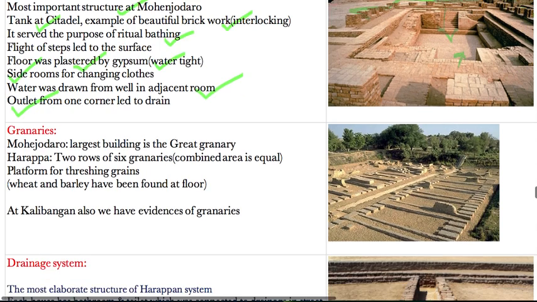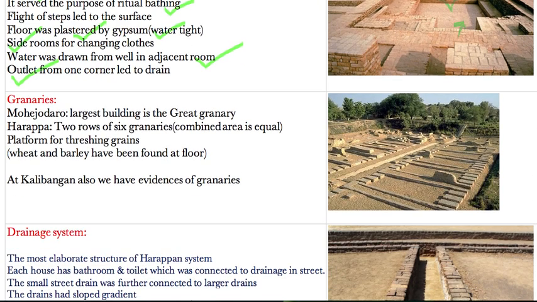Then another mega structure of these cities is granaries. In Mohenjo-daro, we have one single large granary building. And how can we say it is a granary? Because some burned grains have been found here. Then at Harappa, we have 2 rows of 6 granaries.